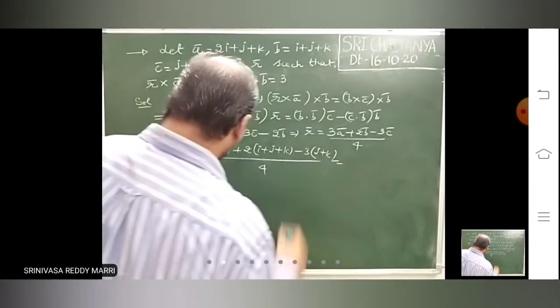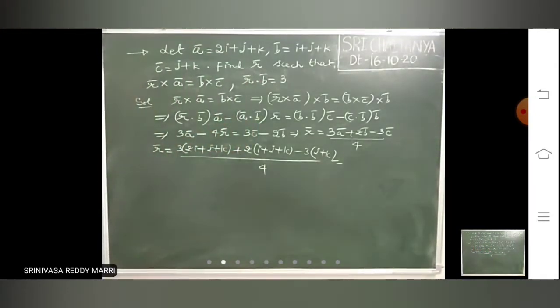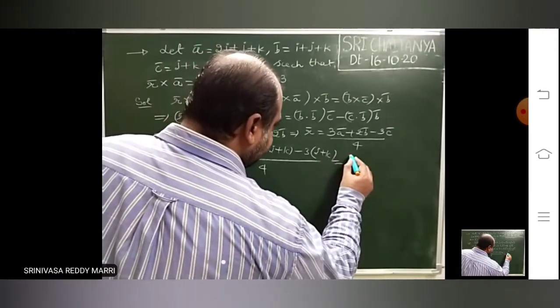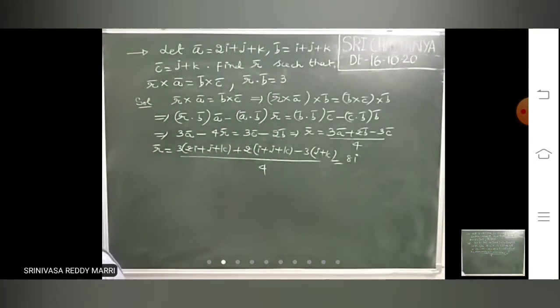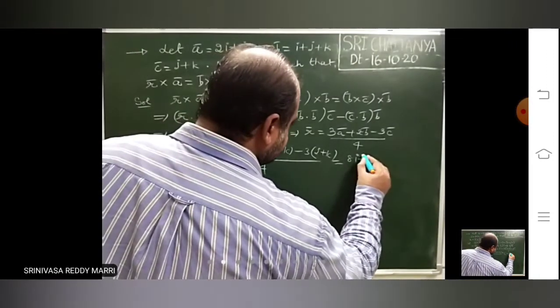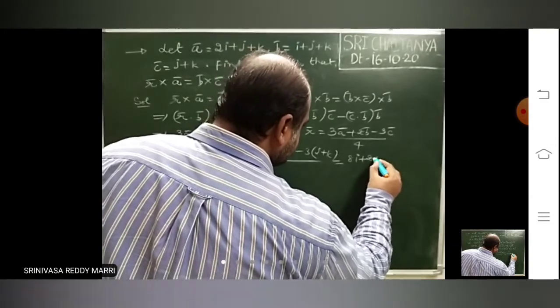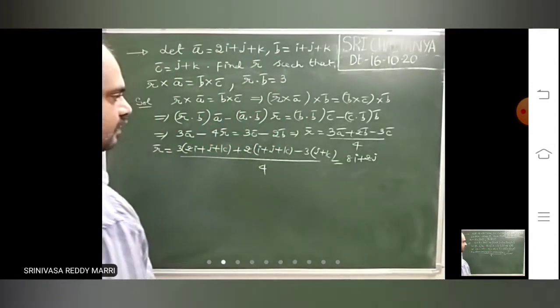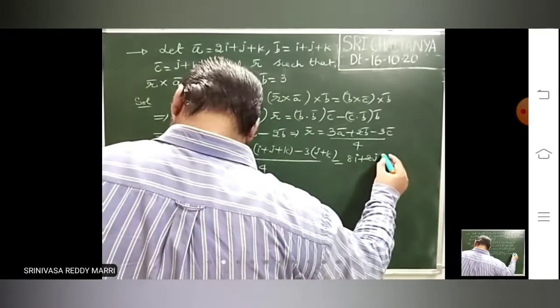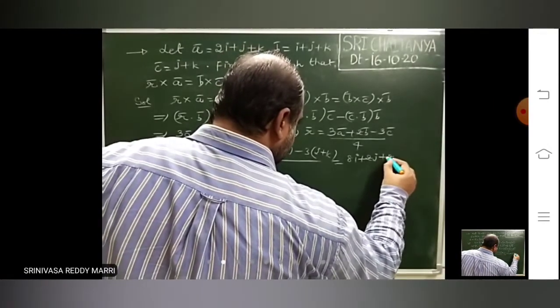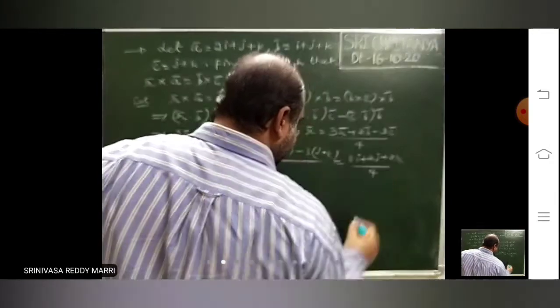That means this comes out to be 8i, and adding all the i's, 8i; 5j minus 3j, that means 2j; 5k minus 3k, that means 2k; divided by 4.